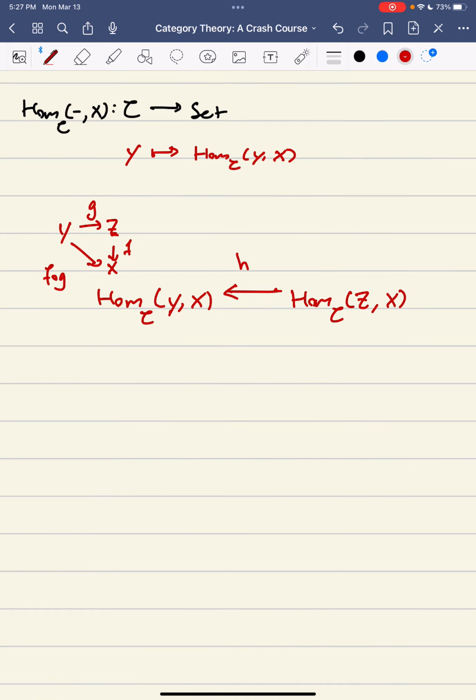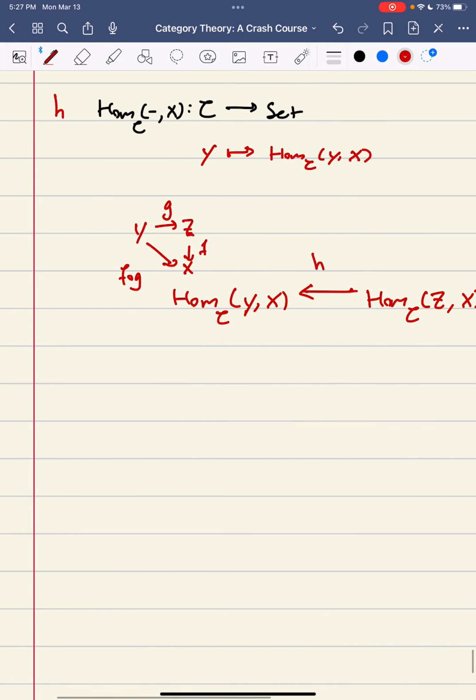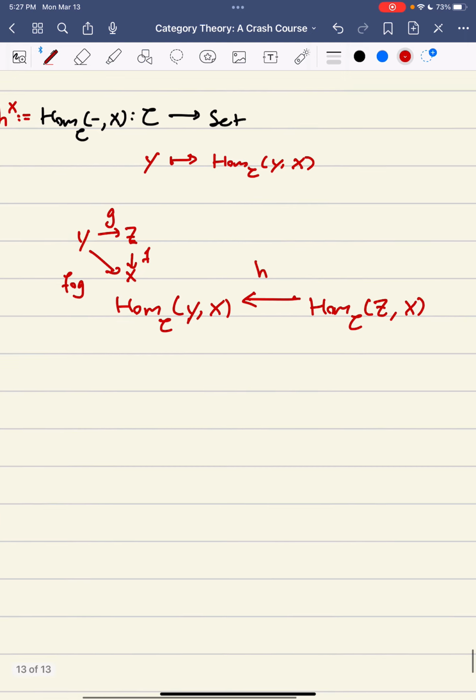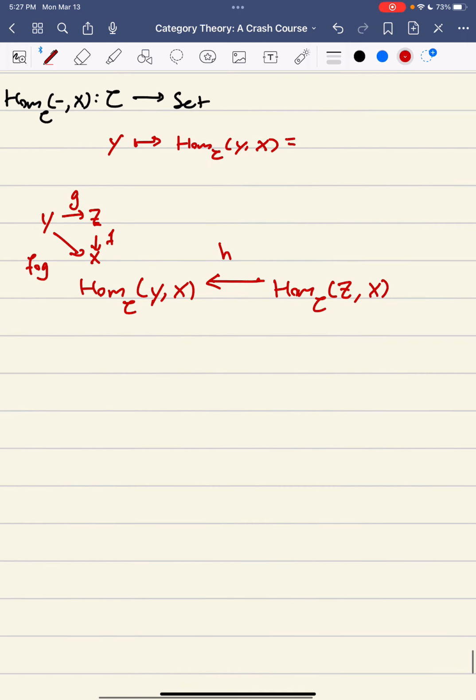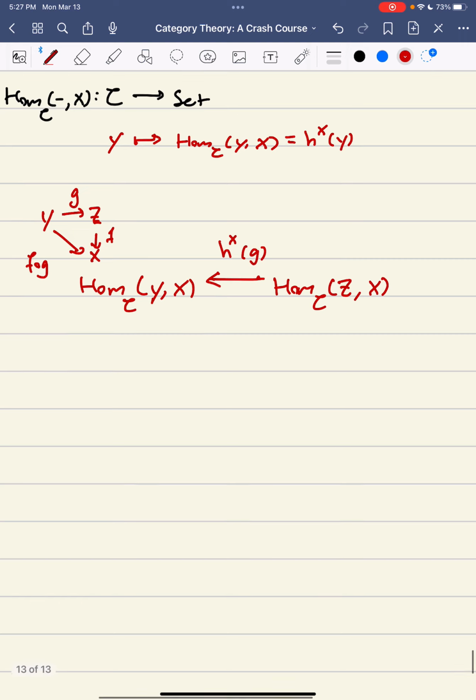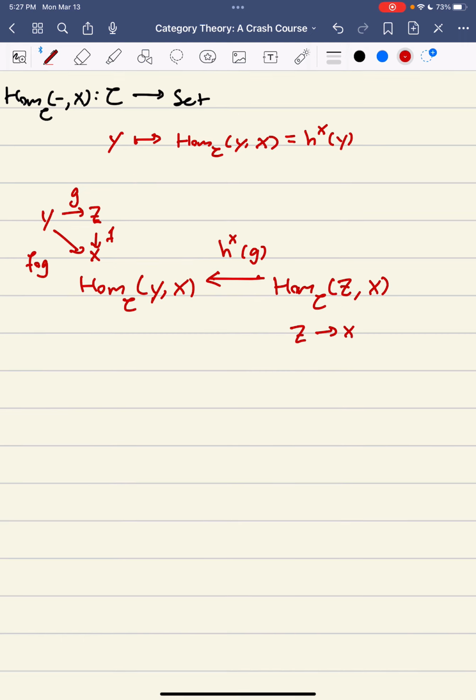This thing I'm going to call H sup X. I take a morphism from Z to X, and I send it to a morphism from Y to X by composition.